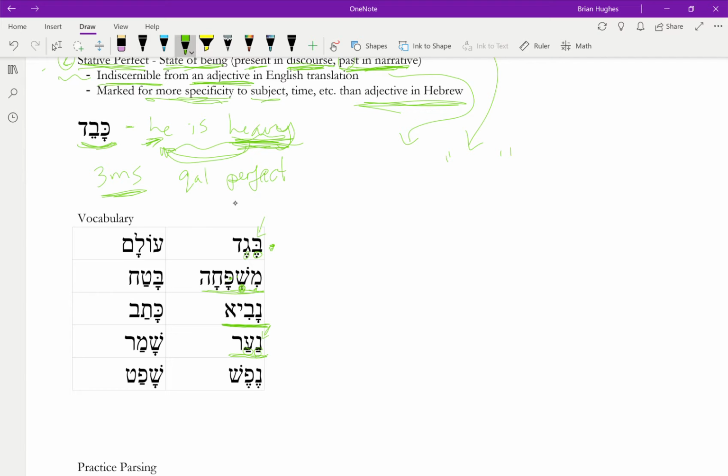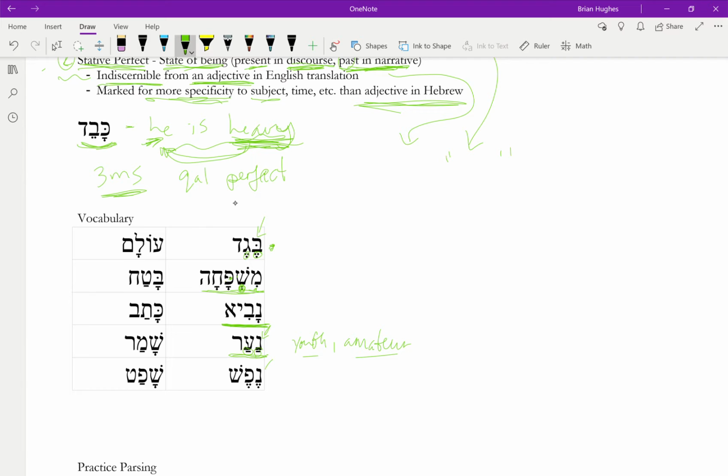But this is a boy or a youth or an amateur, somebody who's new at something as a na'ar. And you could have na'ara if it's talking about a girl, if you wanted to change the gender specificity and things like that. But na'ar is your vocab word for boy or youth or amateur.